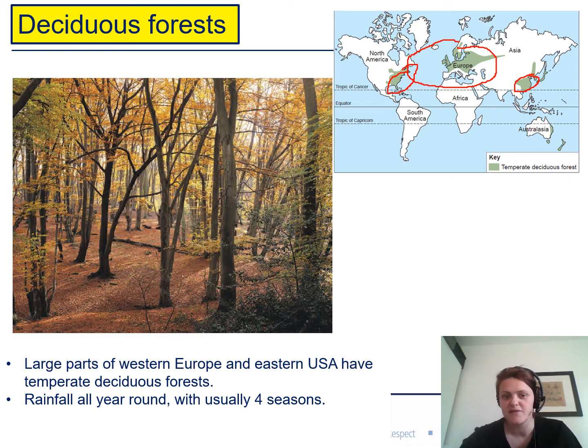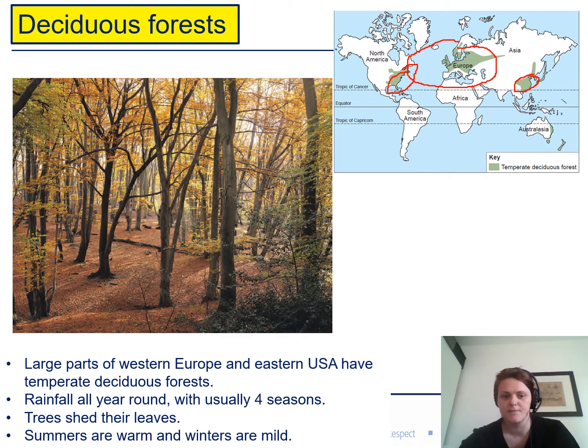So they need to have those 4 seasons, and they need a lot of rain. Okay, and the trees shed their leaves. So there you go, that's one. Deciduous forests. Okay, therefore the summers need to be warm and the winters need to be mild. It can't be too cold either.